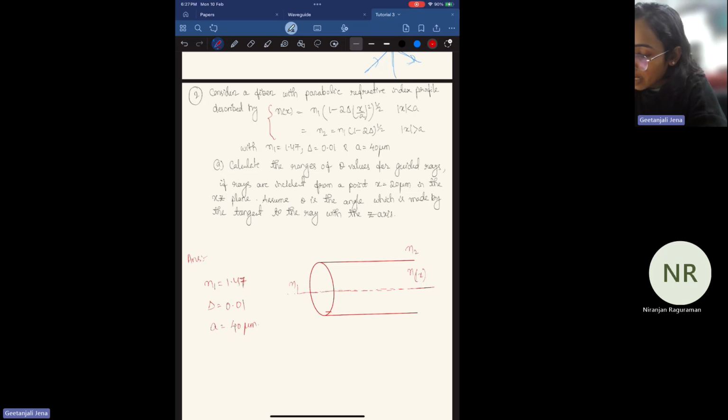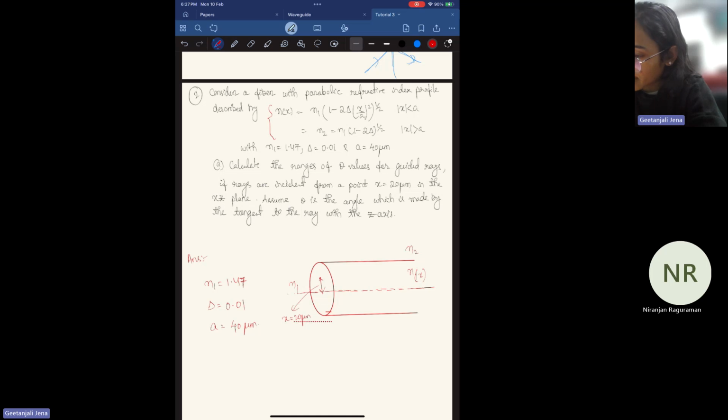The first part is to calculate the range of theta values for the guided rays, if the rays are incident from a point x equal to 20. So let us say this is the point here, x equal to 20.